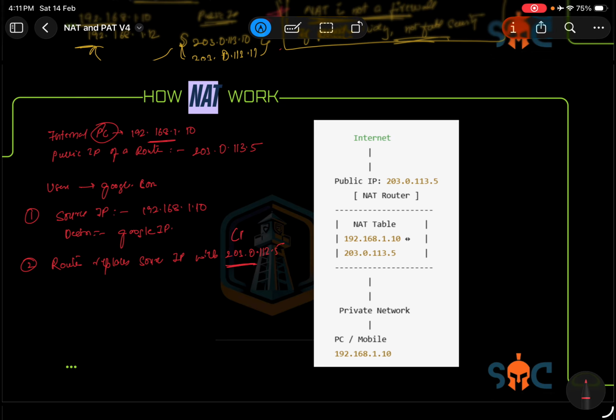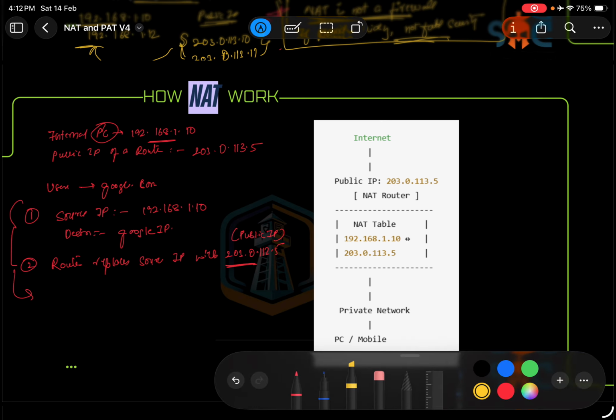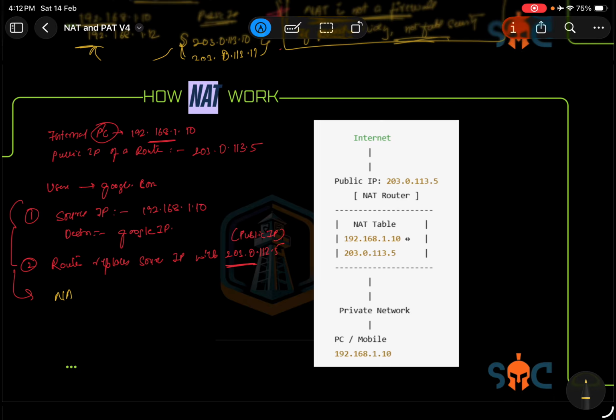That is your public IP, which is being assigned by a router. Okay, and all this happens inside a NAT table.